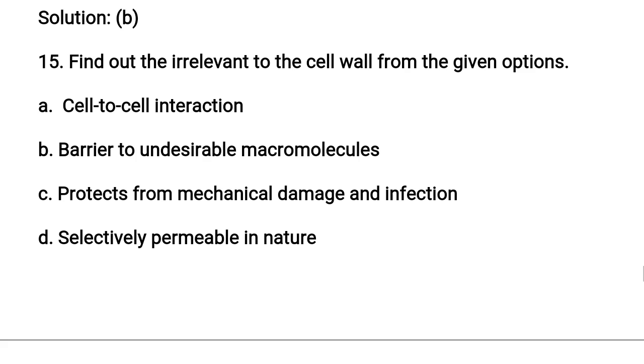Understand? So with this explanation, options A, B, C are related to cell wall functions, and option D is selectively permeable in nature. The cell wall is not selectively permeable or semi-permeable in nature. It is completely permeable in nature. Understand? So the irrelevant option is option D for the given question.